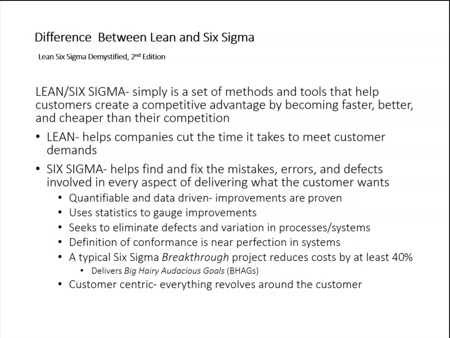A typical Six Sigma breakthrough project reduces costs by at least 40%, and delivers big, hairy, audacious goals, the BHAGs. And as you'll see in the Ford Six Sigma handout, and in the industry, when you're going after a Lean Six Sigma project, you're looking at a pretty intense return.